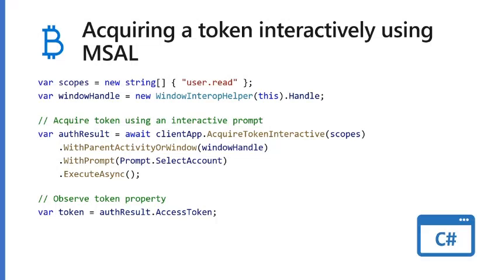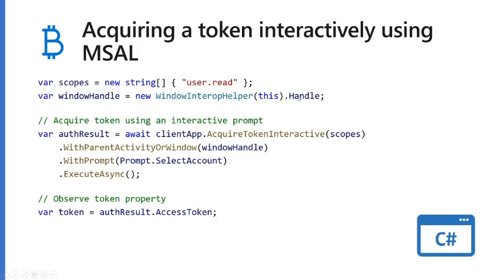You could simply fix a mechanism, and with that mechanism you could acquire the token as well. But here what you said is prompt select account, which will give you the available options for login. And then you say the type of handle, WindowInteropHelper.